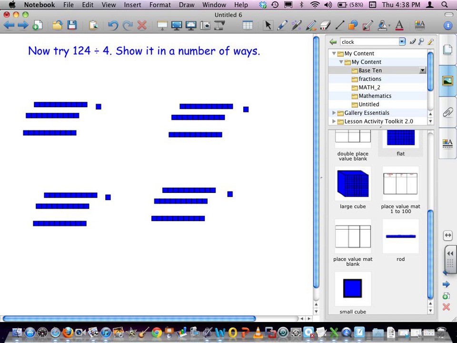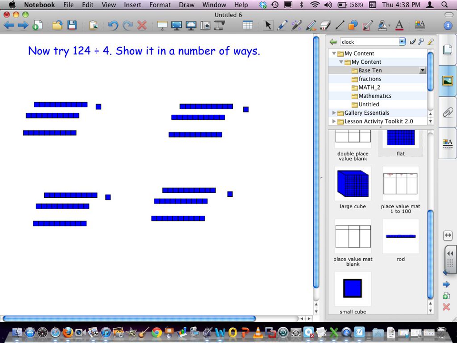Okay, you could write it, but if you wanted to show what you did, you might show that 120 divided by 4 puts 30 in each group, right? And then you did 4 divided by 4 and put 1 in each group. Right. Okay? And what does this remind you of?